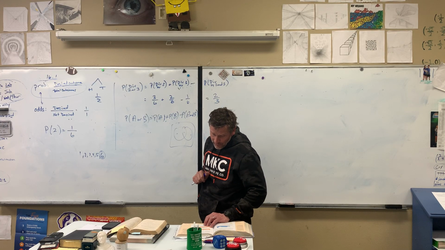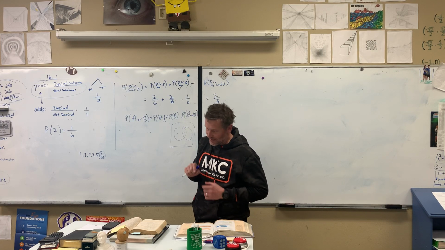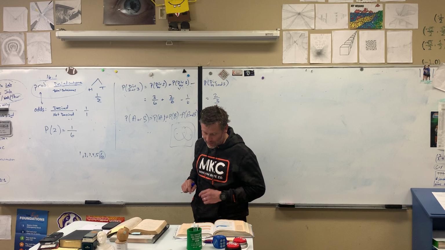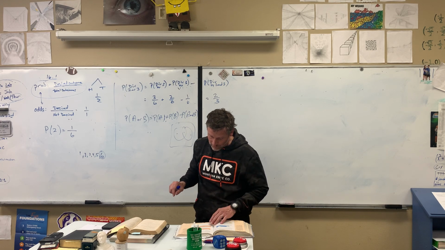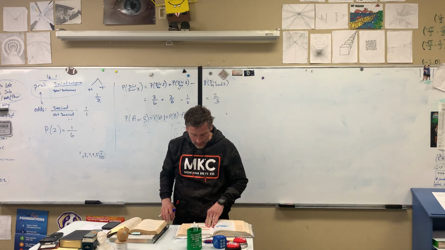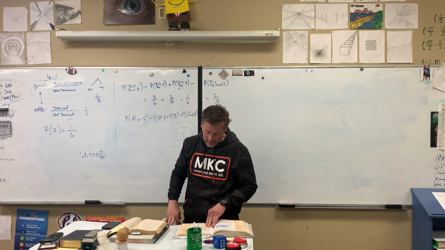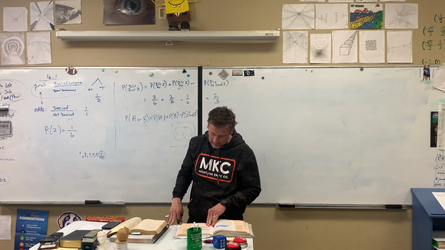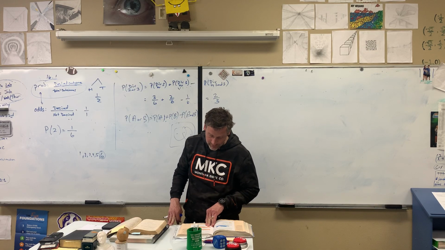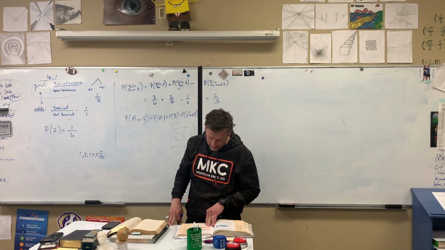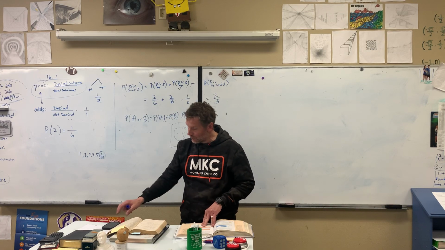Two events A and B that cannot occur simultaneously are called mutually exclusive. So if you were to ask the probability of rolling a 3 and rolling an even number, those are mutually exclusive, right?